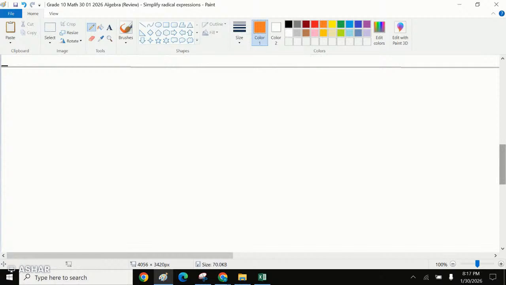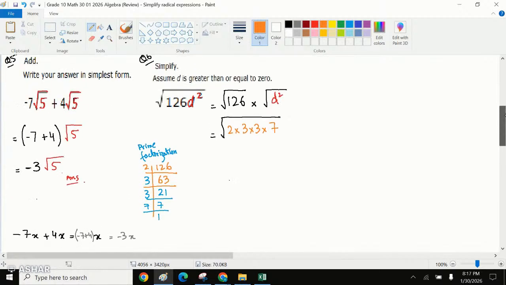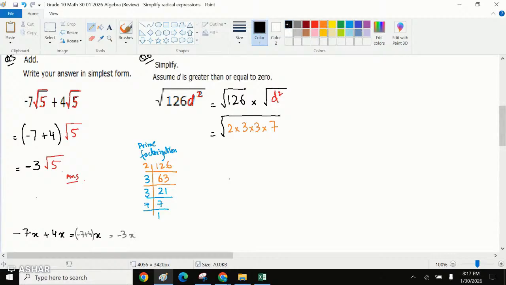We can say it in another way, this can also be written as root 2 into root 3 squared into radical 7, right? Multiplied by radical d squared. And we know that a radical can be cancelled out.